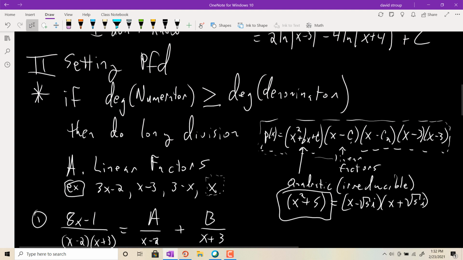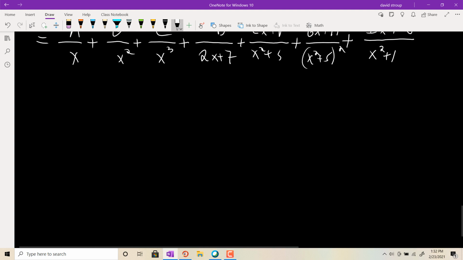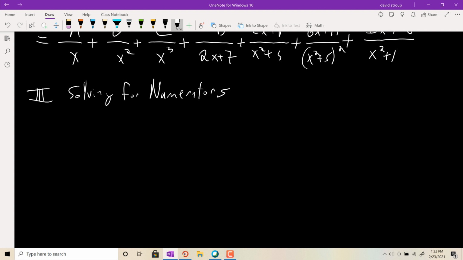Now let's take a look at actually finding those numerators. This is section 3, solving for numerators. There are two methods, as promised. The first is called equating coefficients.